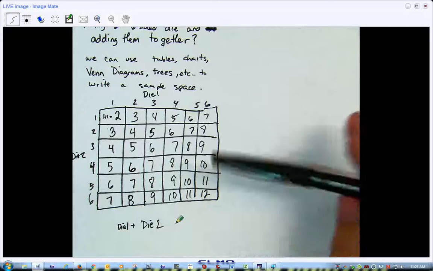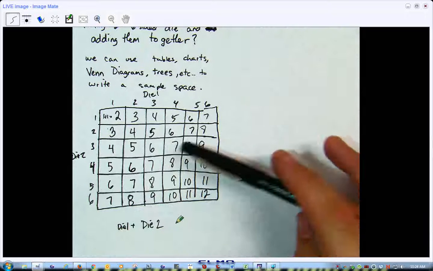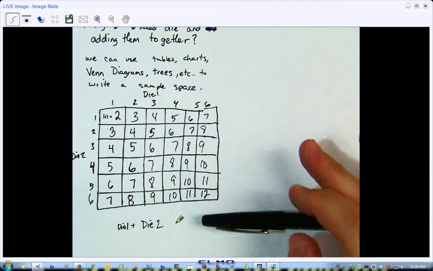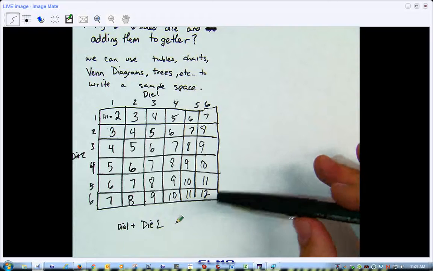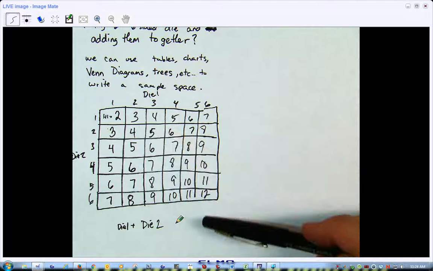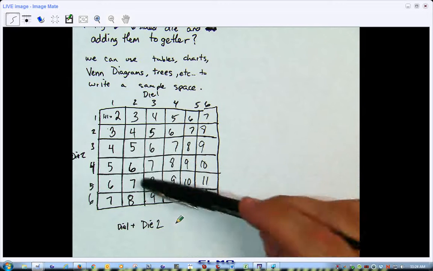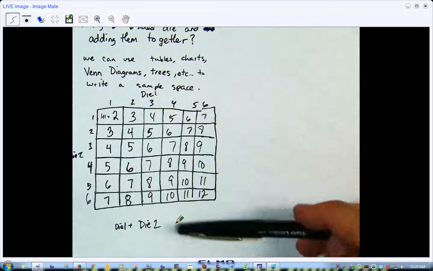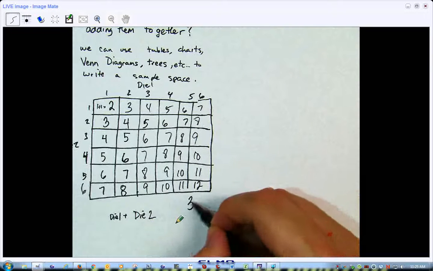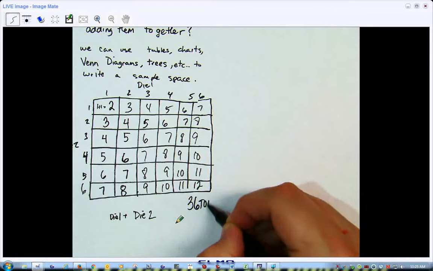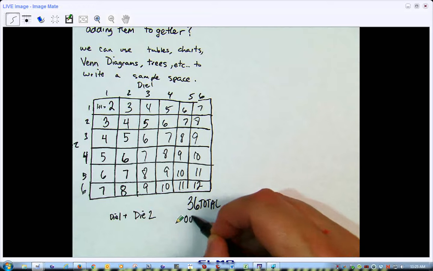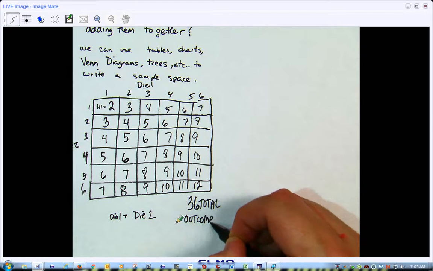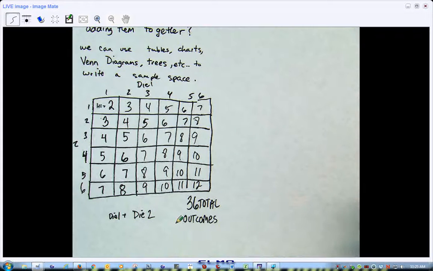How many different items are there in the sample space? How many different boxes are there? There's 6 of them here, and there's 6 of them here. There's 36 different outcomes.